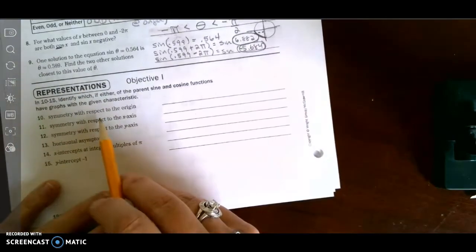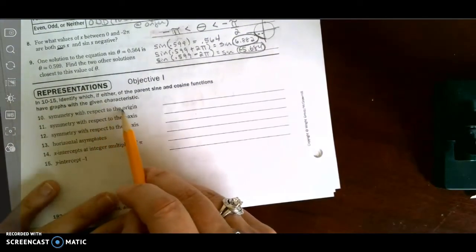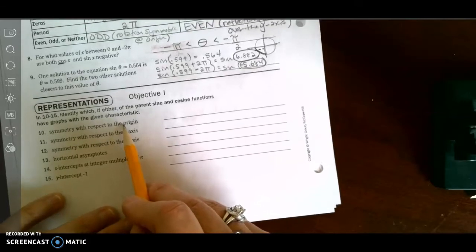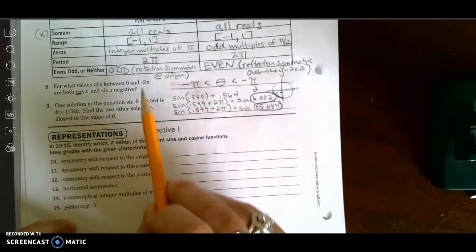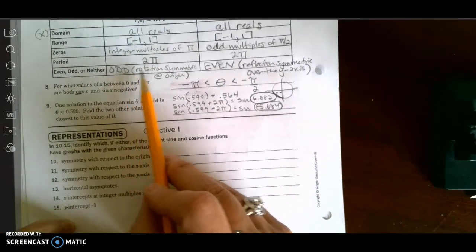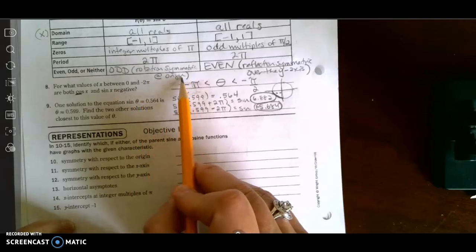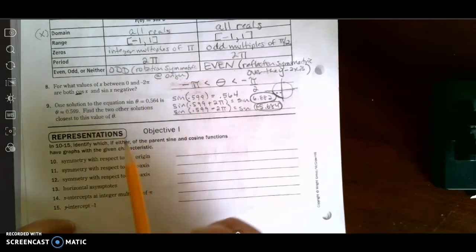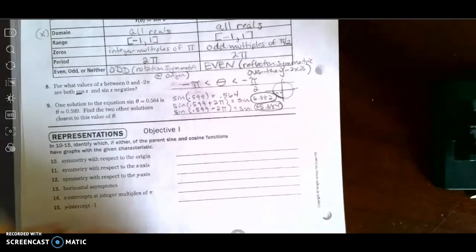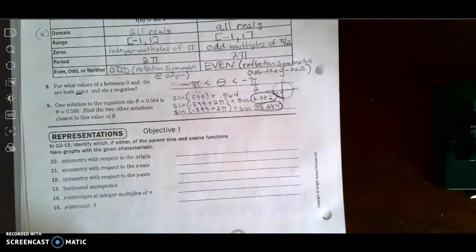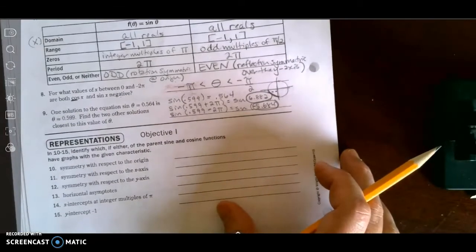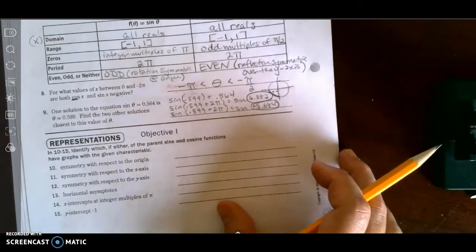All right. Symmetry with respect to the origin. Well, I'm going to look right up here at this table. The sine graph was odd. It was rotation symmetric around the origin. Usually, I guess that they could be talking rotation symmetry. I would also think of cosine.